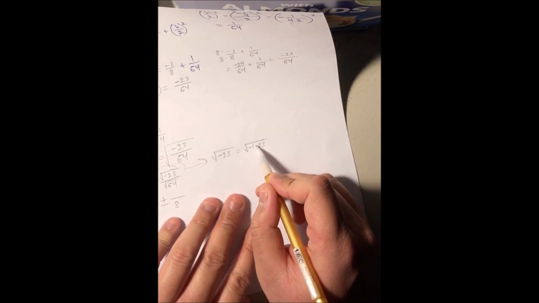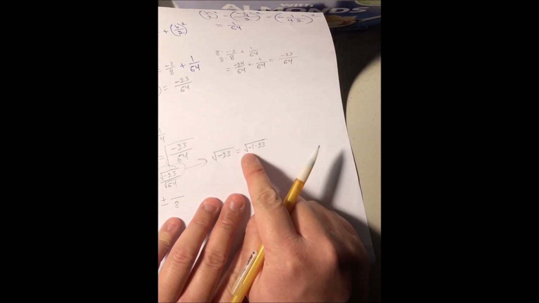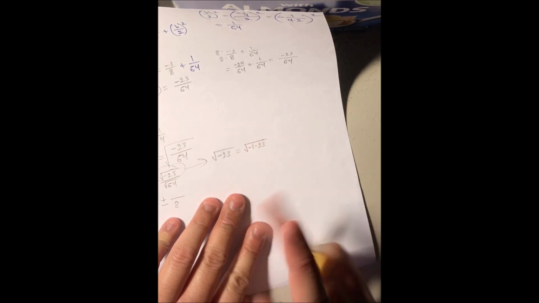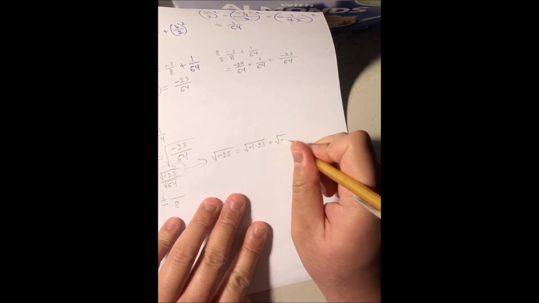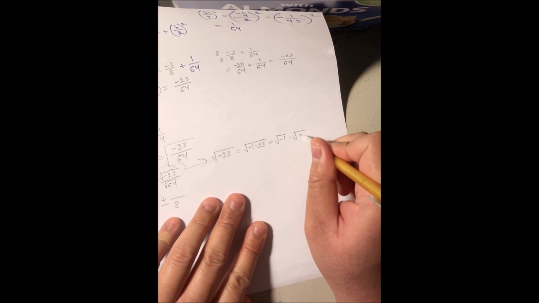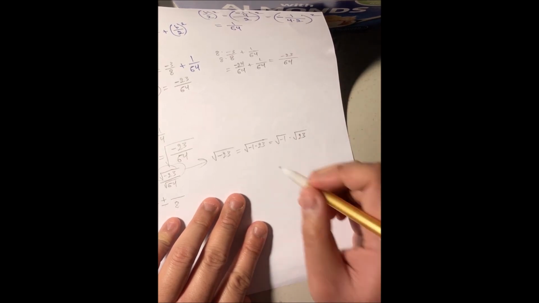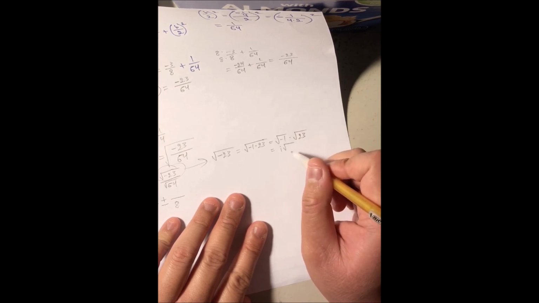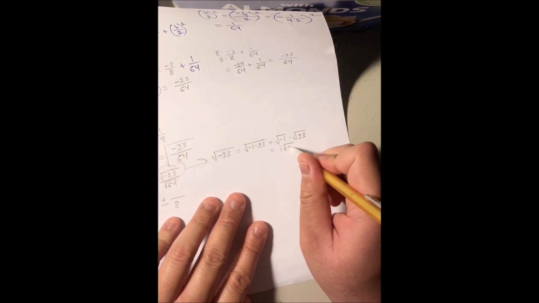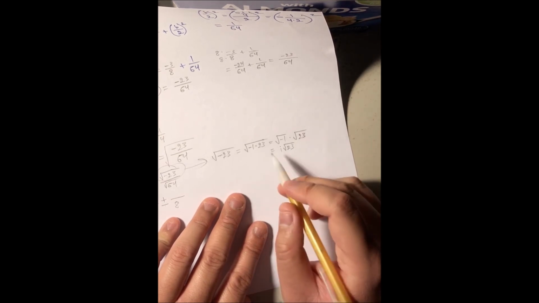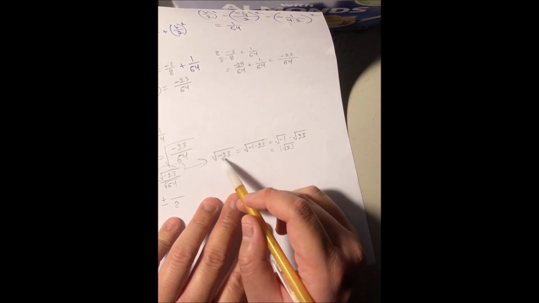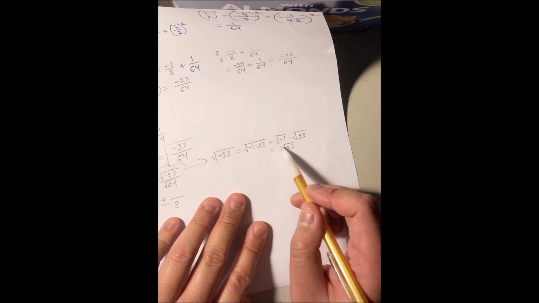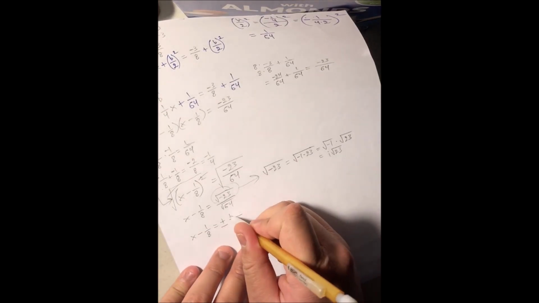I get to use the law of exponents and separate this common root into two distinct ones. One goes with the negative 1 and one goes with positive 23. Well, we know that square root of negative 1 is i, and since 23 is a prime number, it stays the same. So square root of negative 23 is equal to i times square root of 23. So that's what we're going to have on top.